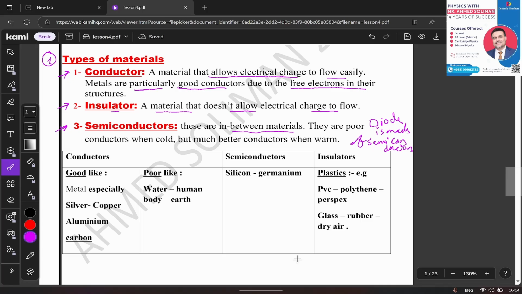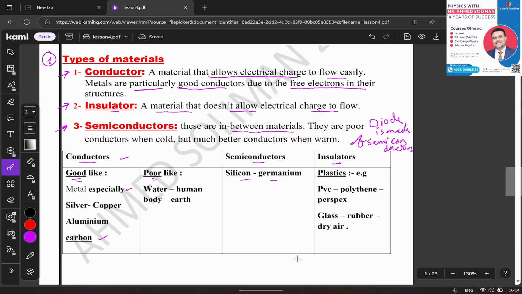Now, as you see in this table, for conductors we have good conductors and poor conductors. Good conductors: all metals are good conductors, and also carbon is a conductor. Poor conductors are like water, the human body, and the earth. What about semiconductors? We have only two examples, silicon and germanium.